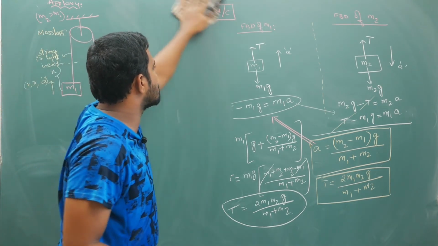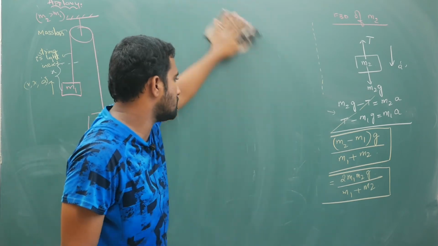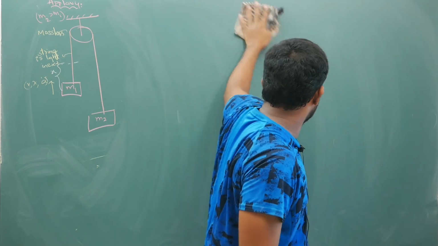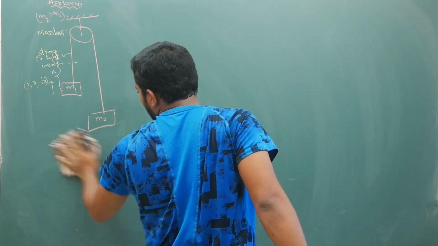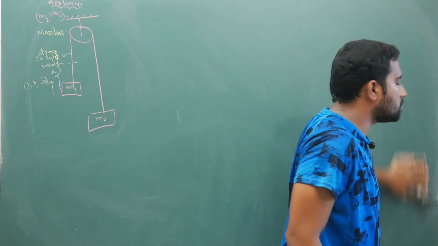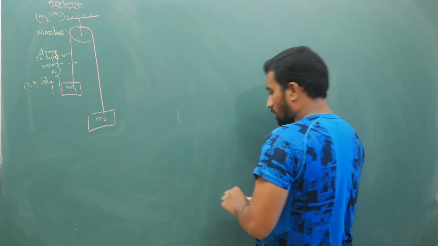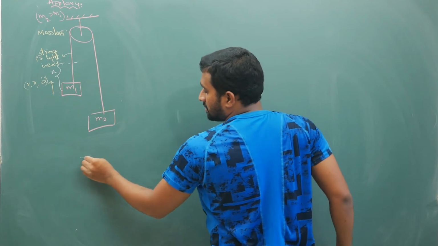So now this same tension and acceleration, we can actually get from conservation of energy. Not all the quantities, we have to use kinematics equations to get velocities, but we will try to apply energy conservation here.